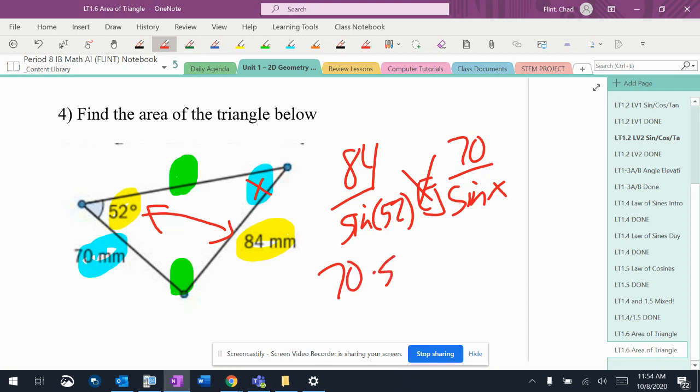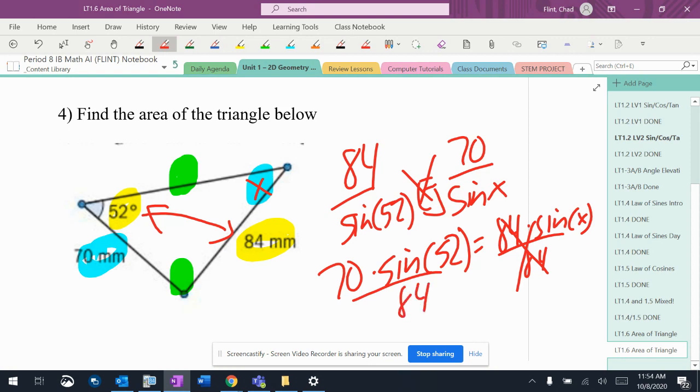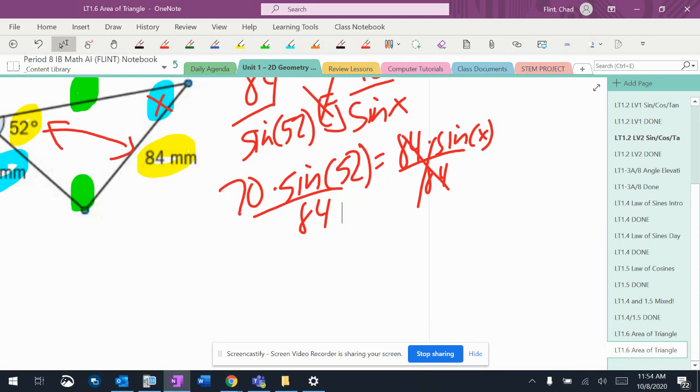So it's 70 sine 52 equals 84 sine x. Divide by 84. Put that into the calculator.